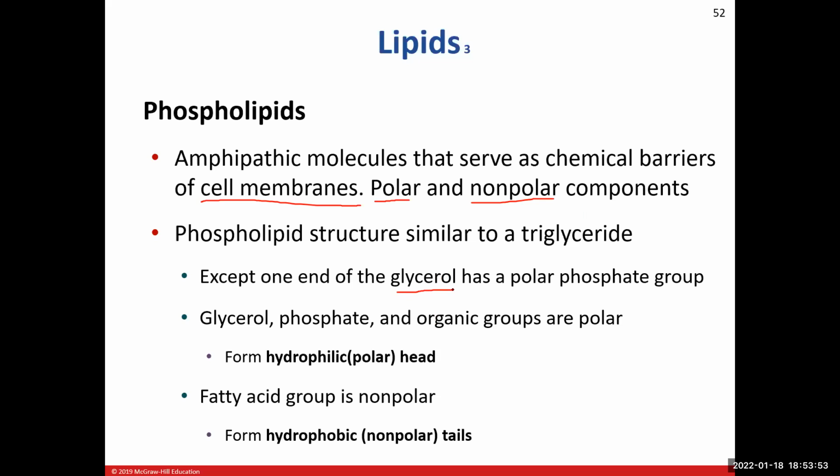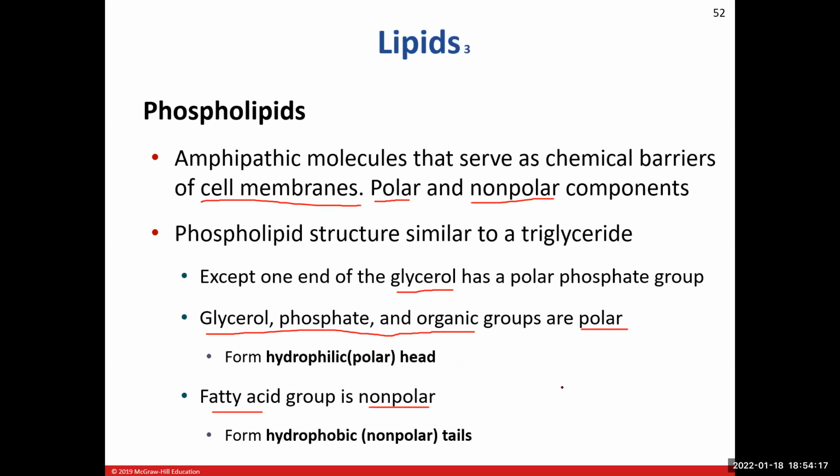So what makes our phospholipid polar and non-polar? The glycerol phosphate and any organic groups are going to give phospholipids their polar attribute. The fatty acids will give it the non-polar.